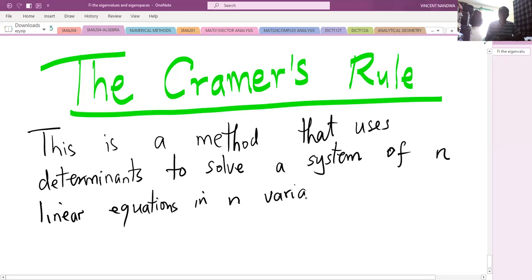So this is one of the conditions: it applies only when the number of equations is the same as the number of variables. And as we shall see, we must also have the determinant of the coefficient matrix be non-zero for the method to work.